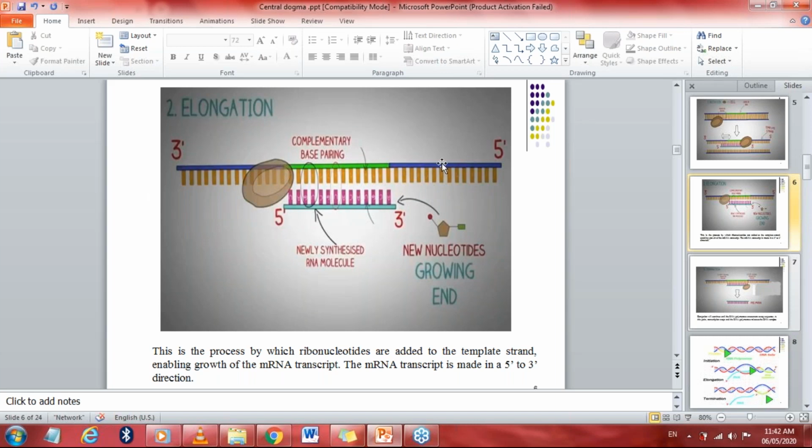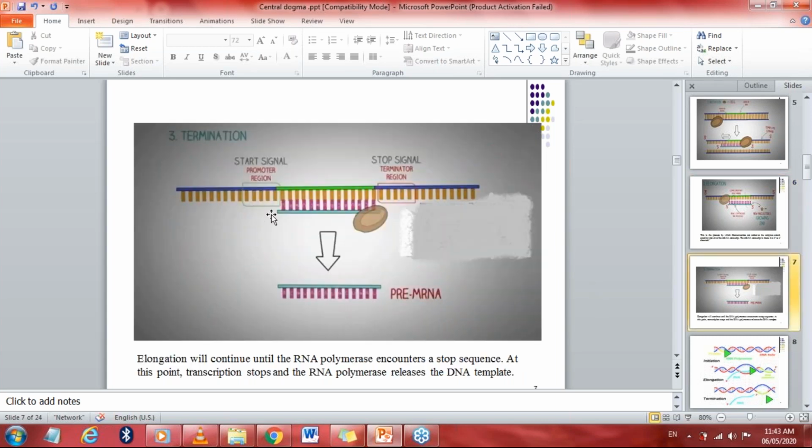If the DNA strand runs 3 prime to 5 prime, the RNA polymerase will make the new strand 5 prime to 3 prime, and it will continue making the new RNA until it reaches the termination codon or stop codon. Is it clear?